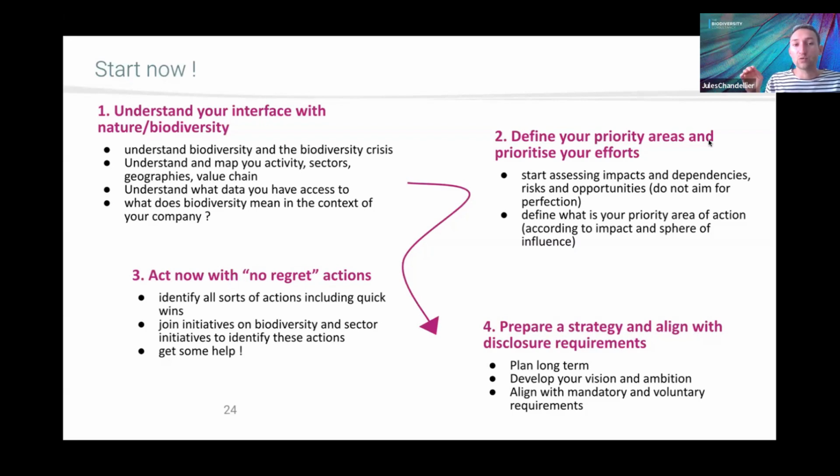Maybe understanding the geographies linked to these sectors in my value chain, and having a very detailed understanding of my business will really help me understand the link with biodiversity.